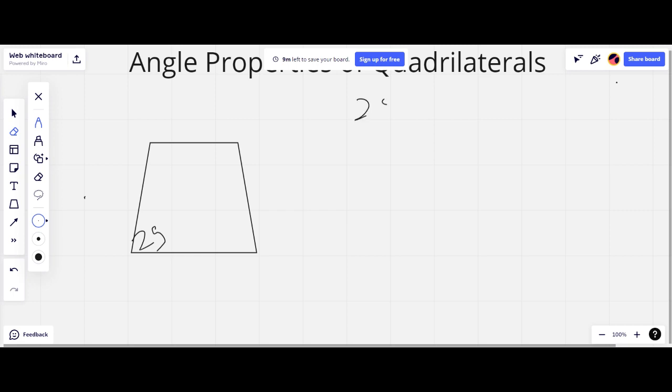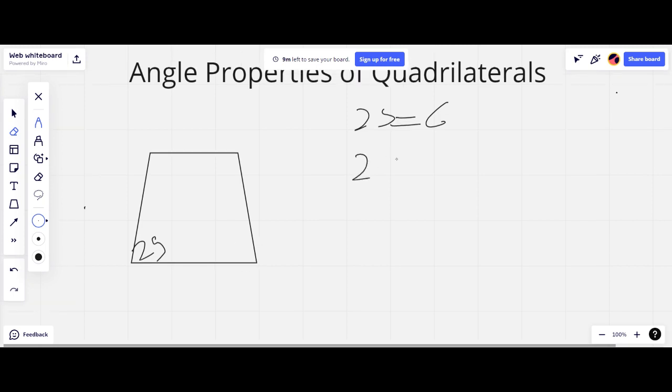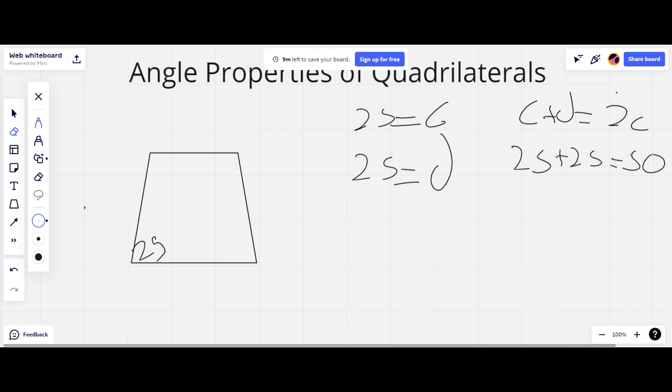So if 25 equals C, and this is equal to C, then 25 equals D. And then C plus D equals 2C, so 25 plus 25 equals 50.